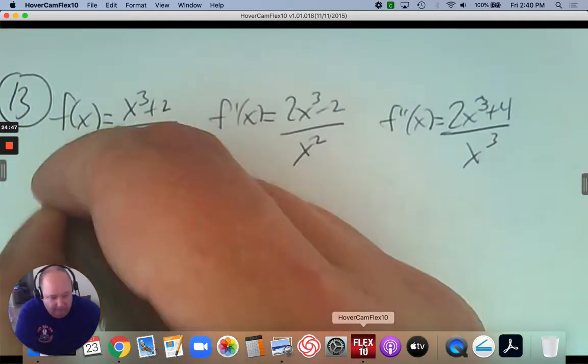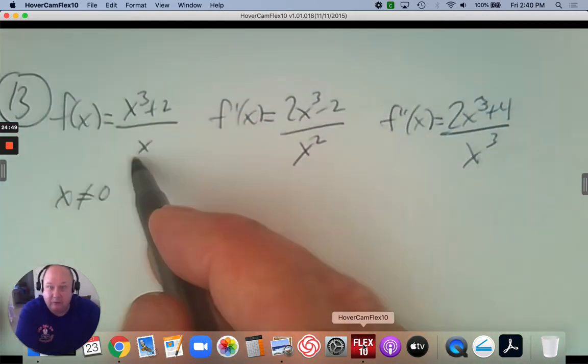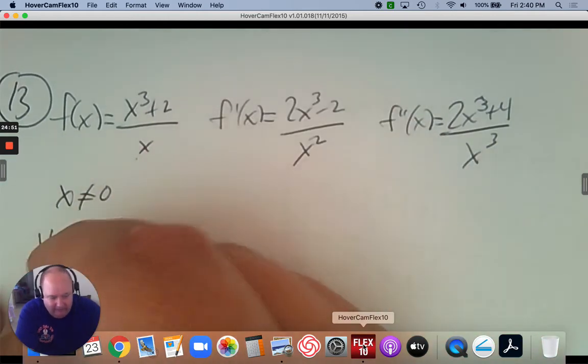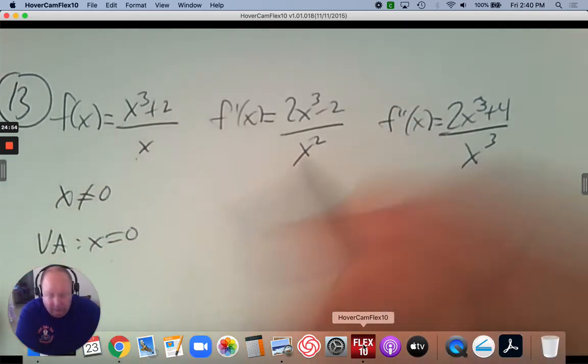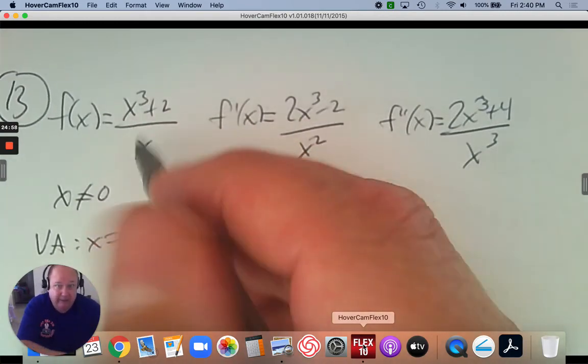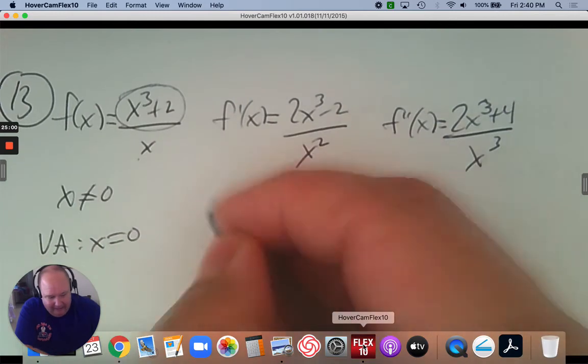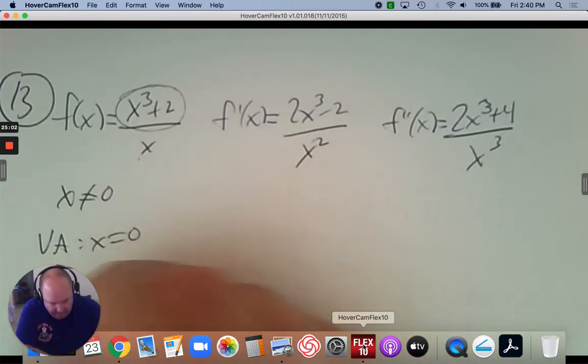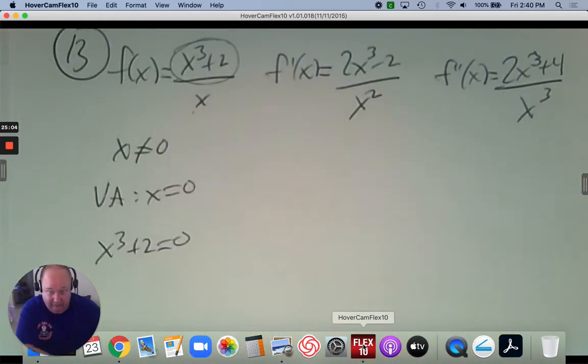So first of all, x cannot be 0. That's a restriction and a domain restriction. That gives me a vertical asymptote at 0. There's nothing to factor on top or the bottom. But if I look at the numerator, I can take the numerator equal to 0 and solve it because it's x cubed.